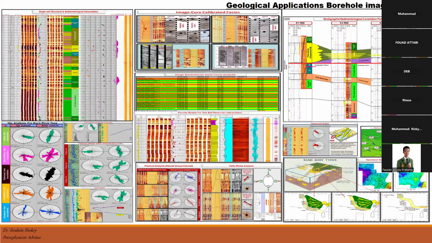In this case, we pick our lithofacies, and then we stack these lithofacies into facies associations, and these facies associations will be calibrated with the core images, and then make some sort of correlation between different wells and make some counting.